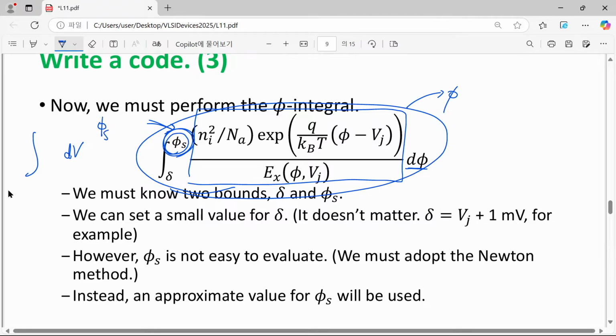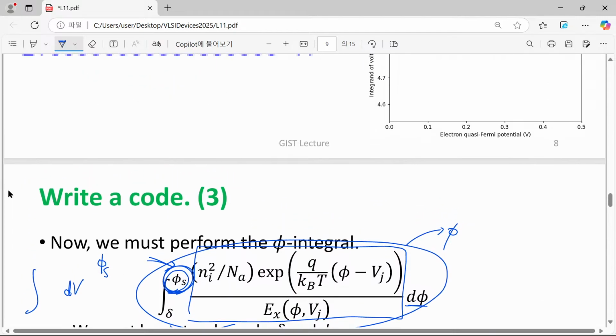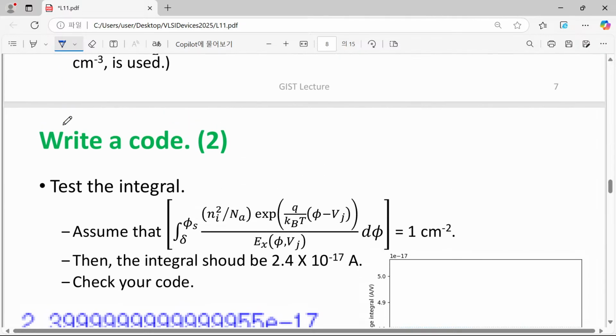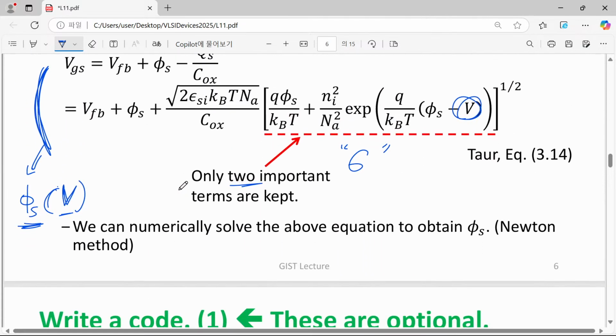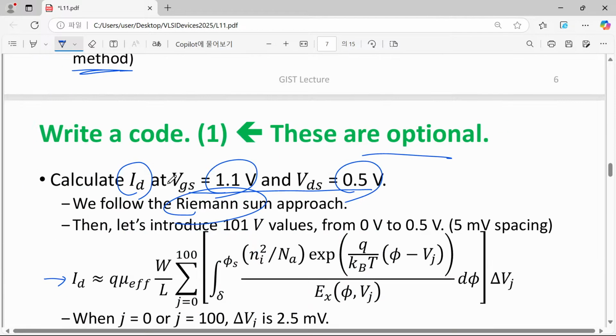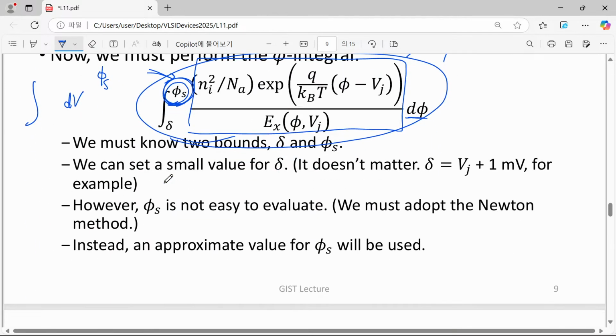But in order to calculate phi s, usually we have to adopt the Newton method, but I don't want to bother you any further with the Newton method. So in this lecture material, I have prepared how you can avoid or detour the adoption of the Newton method. So please, if you are interested, have a look at it.